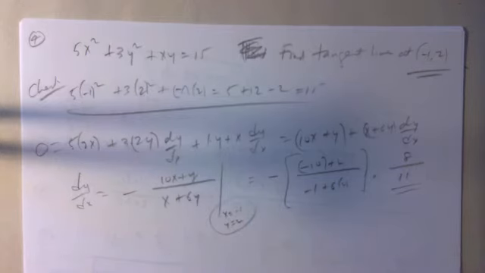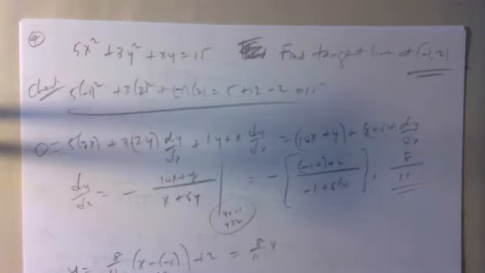So the equation of the tangent line is y equals 8 over 11 times x minus 1 plus 2. So that's 8 over 11 x plus 8 over 11 plus 2, which is 22 over 11 plus 30 over 11. So this is the equation of the tangent line. Questions? All right.